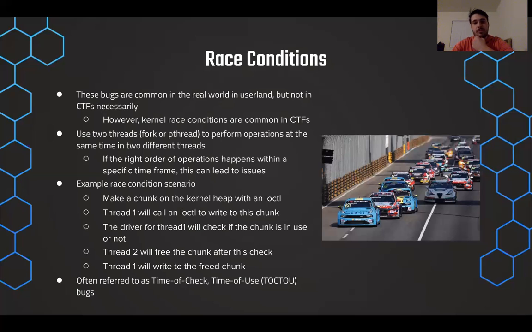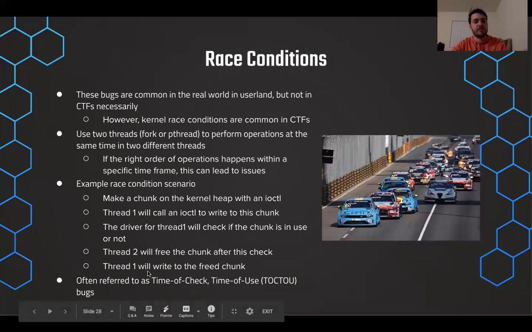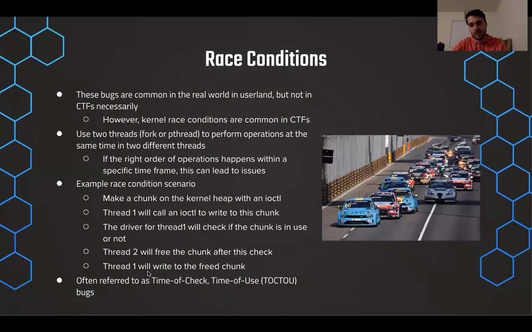I don't know how it checked. That might be a thing. And then after this check passes, and it's like, okay, cool, this chunk is not freed, we can use it, thread 2 could be like, actually, I'm going to free the chunk right now. And they free the chunk really quick. And then after that, thread 1 is like, we already passed the check, we're just going to write to it. So this small little window there is where these race conditions occur.